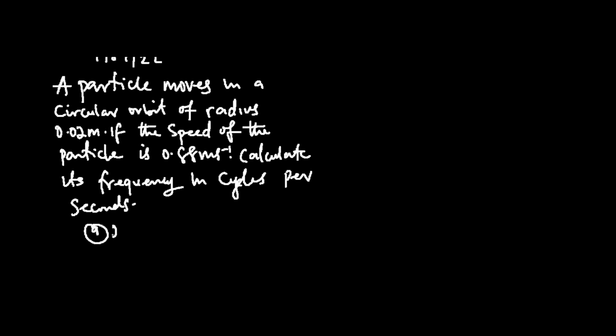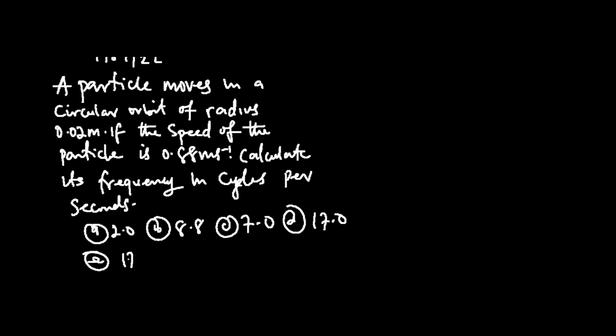Option A, 2.0; option B, 8.8; option C, 7.0; option D, 17.0; option E, 17.6.